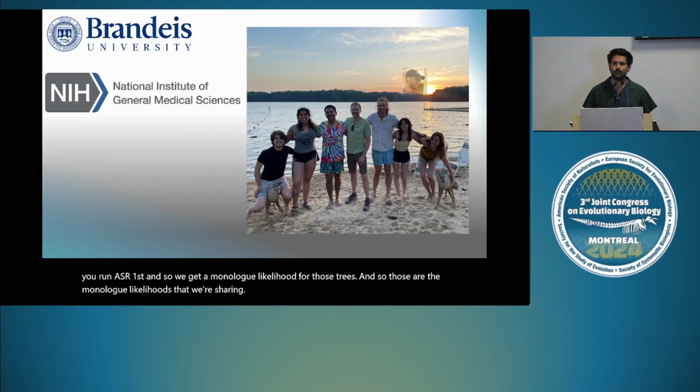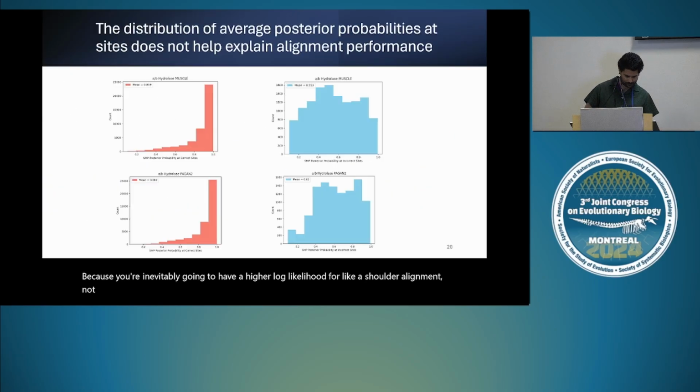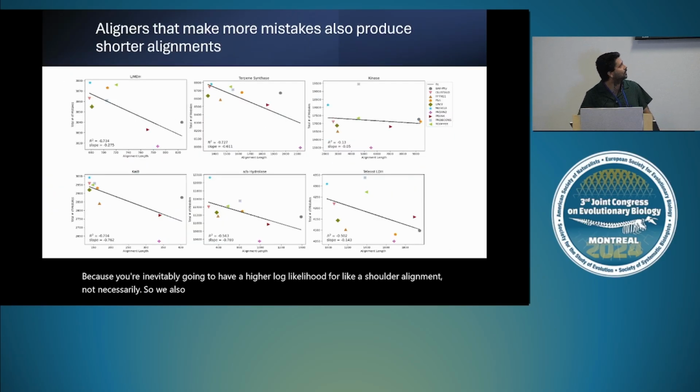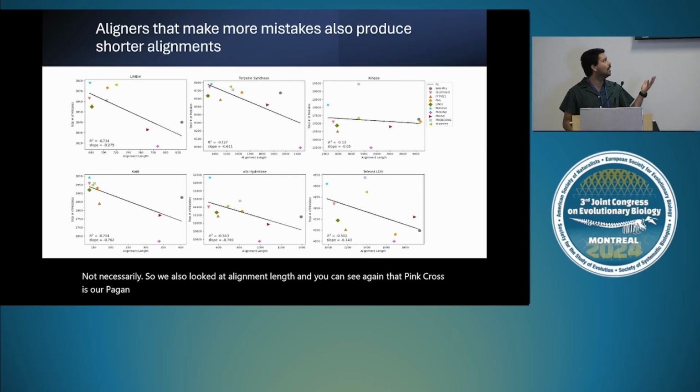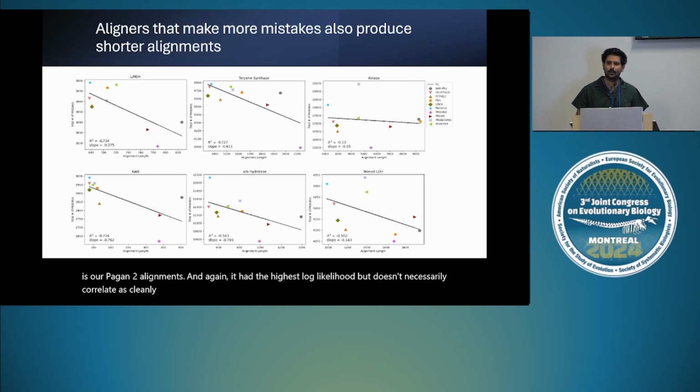Because you're inevitably going to have a higher log likelihood for a shorter alignment? Not necessarily. So we also looked at alignment length. And you can see again that pink cross is our Pagan-2 alignments. And again, it had the highest log likelihood, but it doesn't necessarily correlate as cleanly with alignment length.